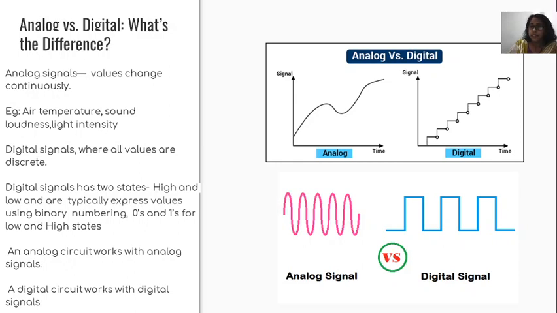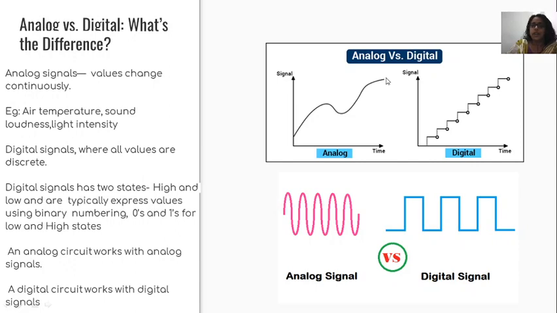My dears, you can see a graph here, analog versus digital. From the graph of the analog signal, what is your idea? Analog signals are those whose values vary continuously.